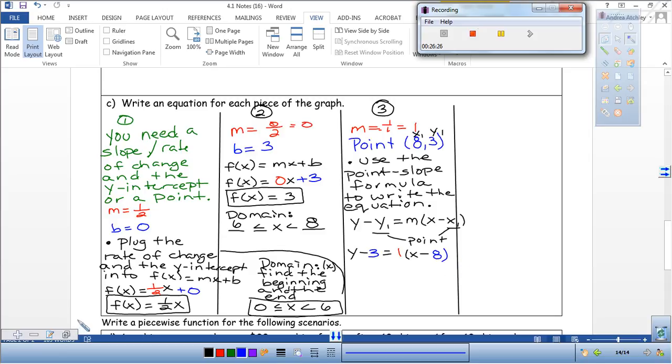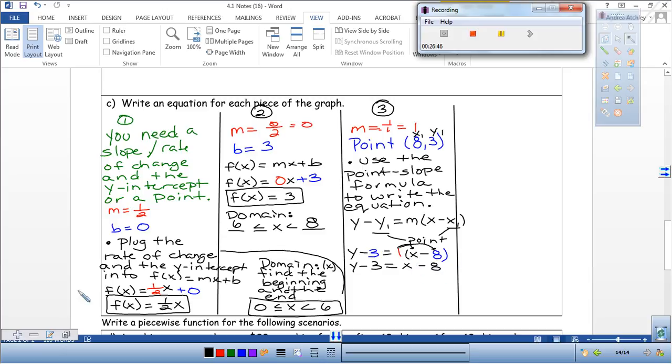Any questions over that? Okay, you didn't have to solve it and set it equal to y. So we're going to distribute the 1 to the x and to the 8. You're going to get y minus 3 equals x minus 8. 1 times x is x, and 1 times 8 is 8.